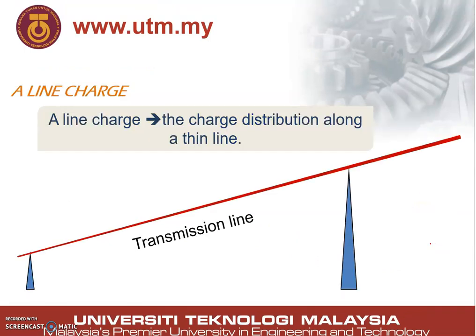A line charge is the charge distribution along a thin line. So this is your line charge. You can have a charge here, you can have a charge here, by sampling. A point charge, for example, you can take a point here.